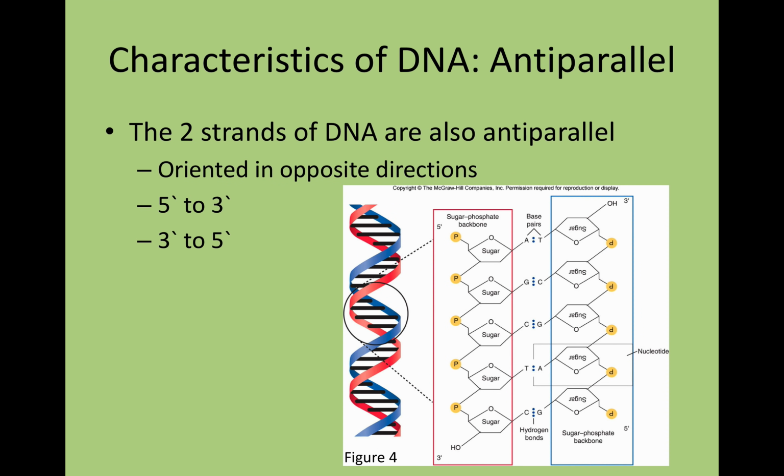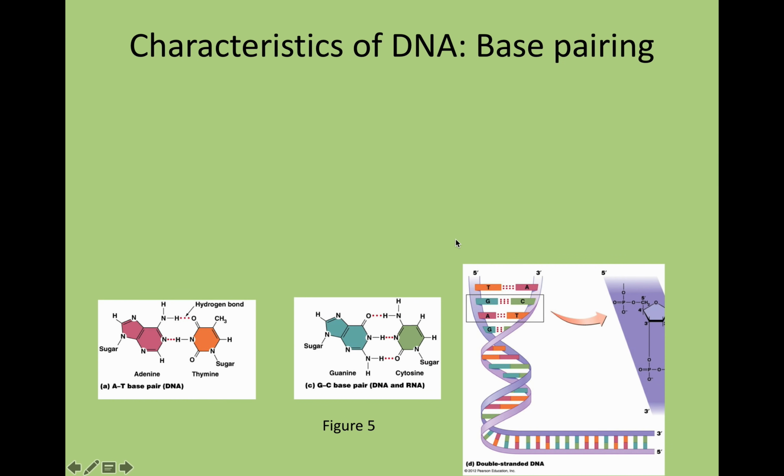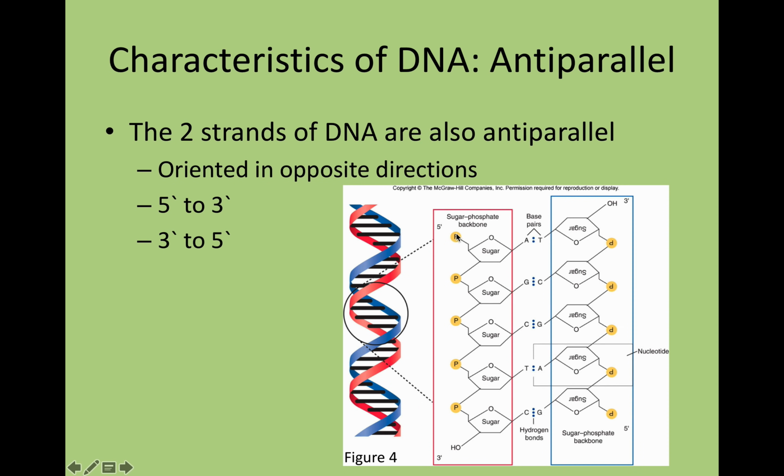DNA is also antiparallel. The two strands of DNA, so DNA is double-stranded and complementary, so A's and T's attached to each other, G's and C's attached to each other, and they're oriented in opposite directions. Here you can see this is a nucleotide, basically what I drew on the drawing board. We have the oxygen group, the pentose sugar, 1, 2, 3, 4, 5, with the phosphate group.